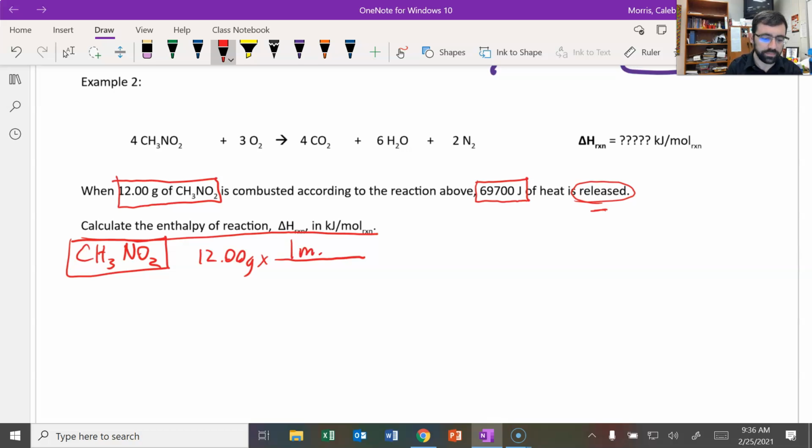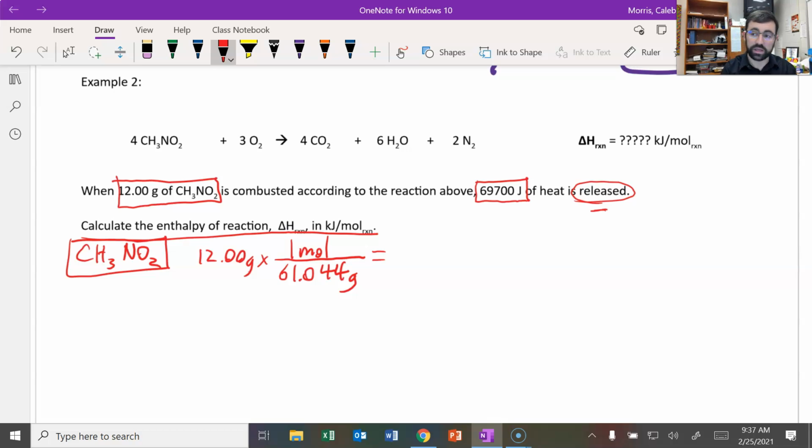So 1 mole of CH3NO2 is equal to 61.044 grams, just using the periodic table to find the molar mass. Don't forget, you're always canceling out your units in dimensional analysis.